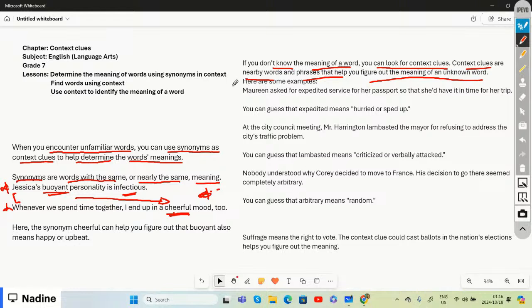And here we're going to look at a few examples, right, of words with context clues, or let's say sentences with context clues.